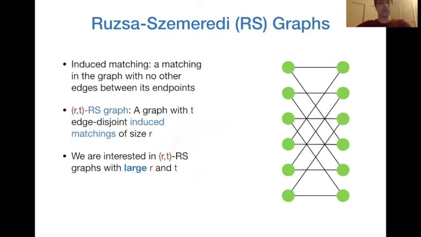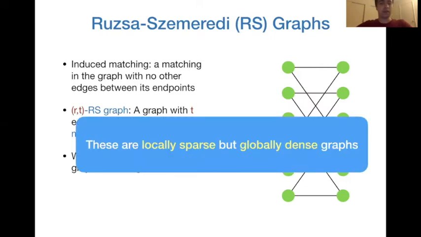In general, we are interested in finding RS graphs where both R and T are large parameters with respect to the size of the graph. These are counterintuitive constructions because an induced matching is a locally sparse graph, but we want our graph to be locally sparse, full of induced matchings, but at the same time globally dense, with many, many matchings and so many edges.